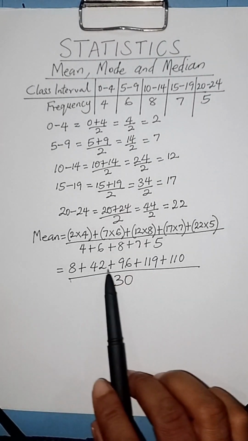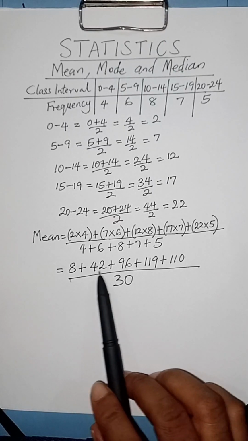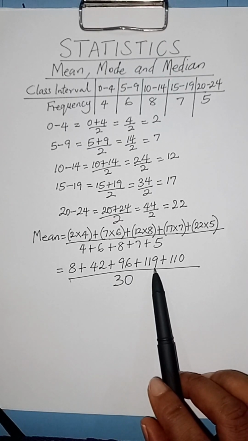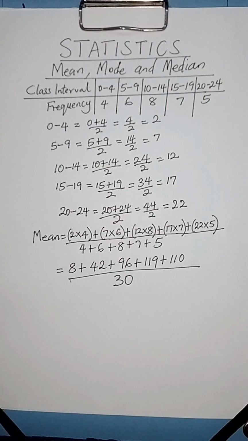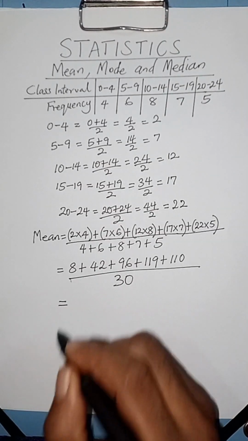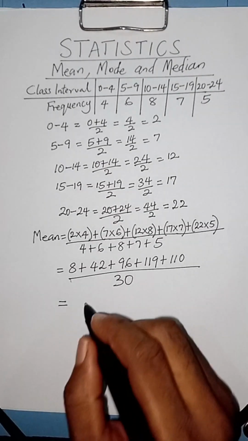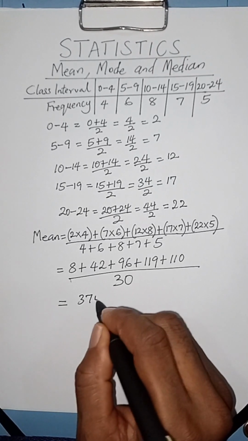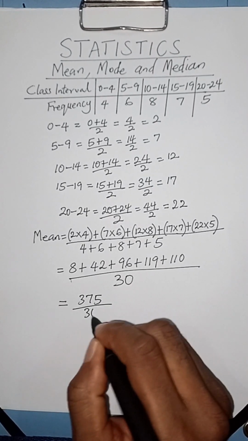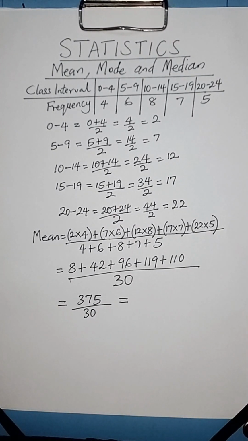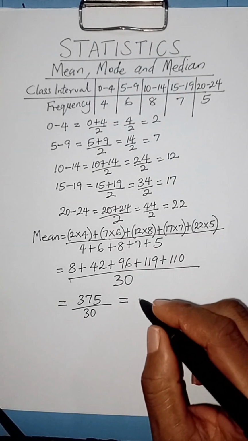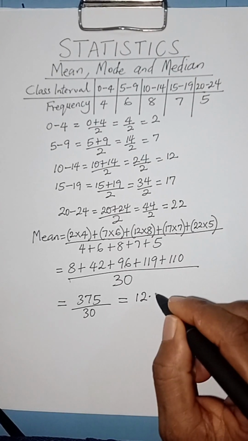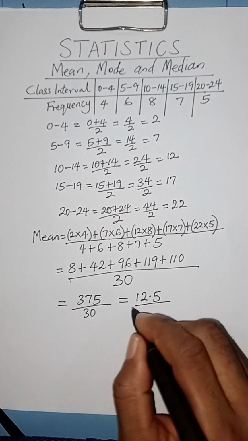If you add them together, 8 plus 42 plus 96 plus 119 plus 110, using your calculator, you're going to have 375. You can confirm that and divide by 30. If you divide 375 by 30, approximately your answer will be 12.5.